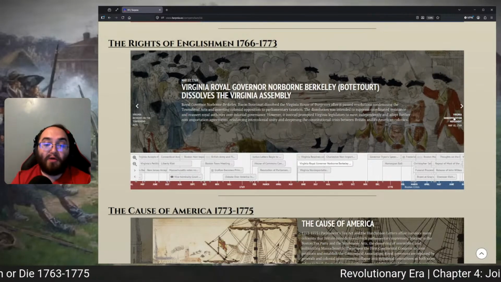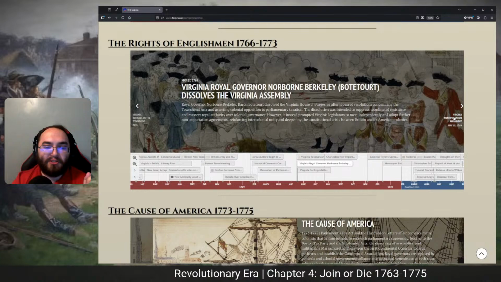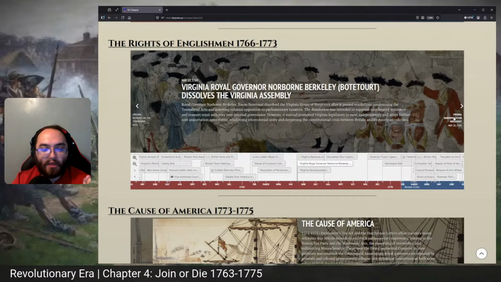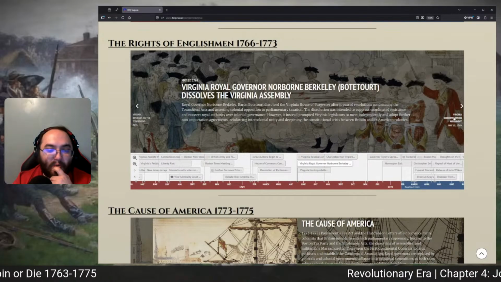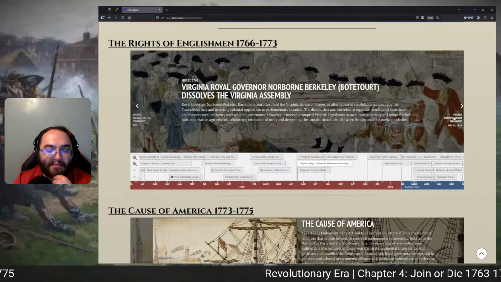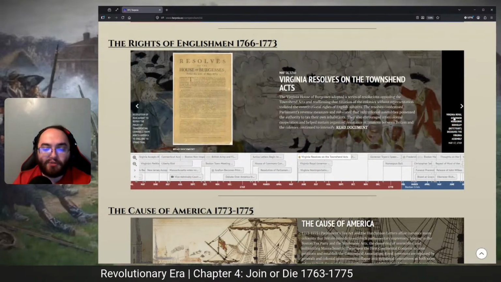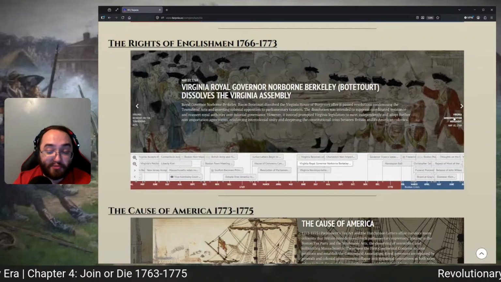Now, royal governors don't really like these resolves, and so the royal governor of Virginia, Governor Norborne Berkeley, dissolves the Virginia Assembly. And so he dissolves the Virginia Assembly right after the Virginia Resolves are passed.